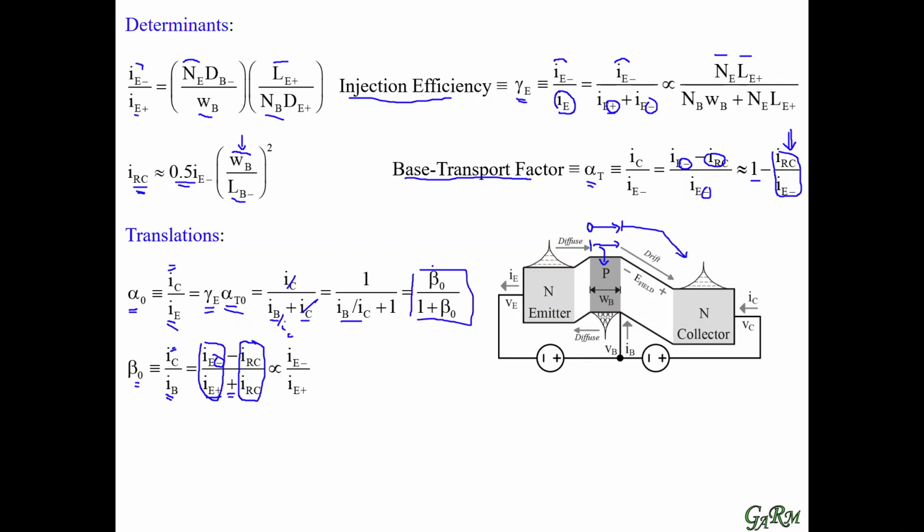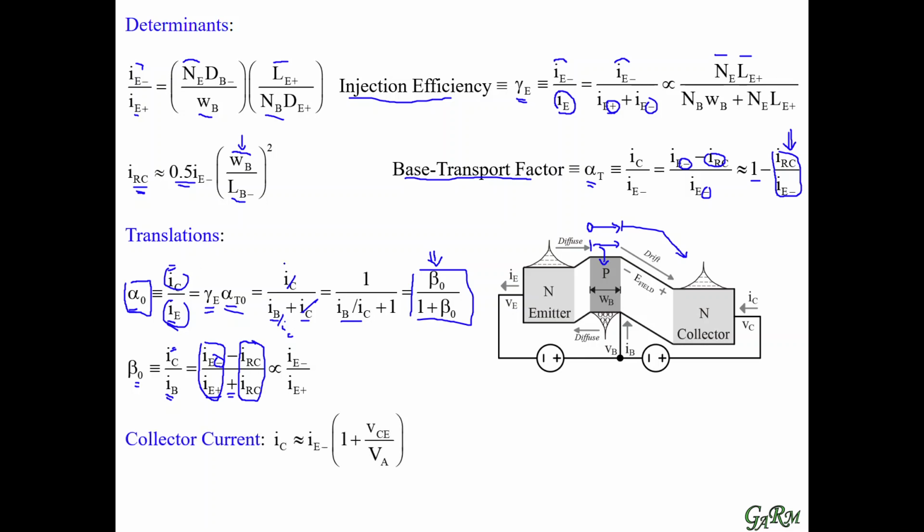And this makes sense, because if the gain is about 100, 100 over 101 is pretty close to 1, which is the forward transport factor. That's how much of the emitter current can reach the collector. So the forward transport factor and the current gain are basically saying the same thing in two different ways.